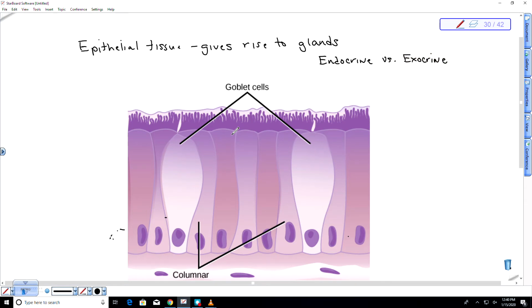So which one of these glands produces hormones? An endocrine gland or an exocrine gland? Endocrine. So endocrine secretes hormones into the circulatory system. So hormones are just released into circulation. Hormones secreted into the circulatory system.